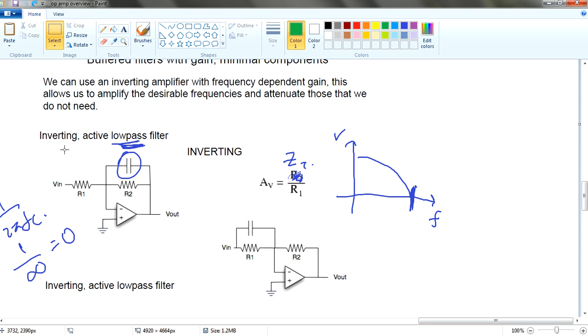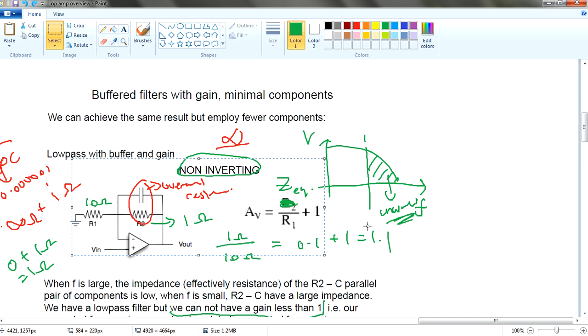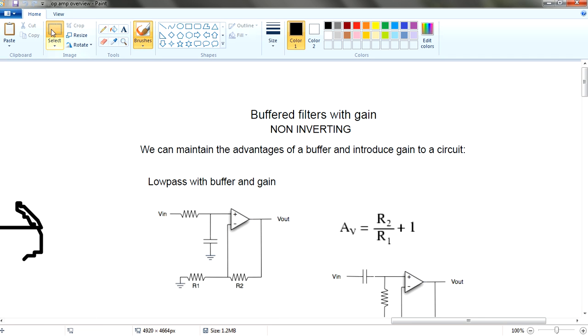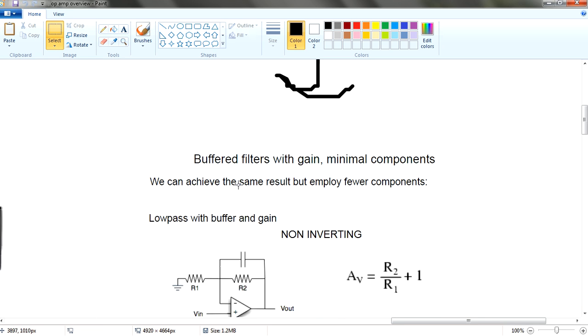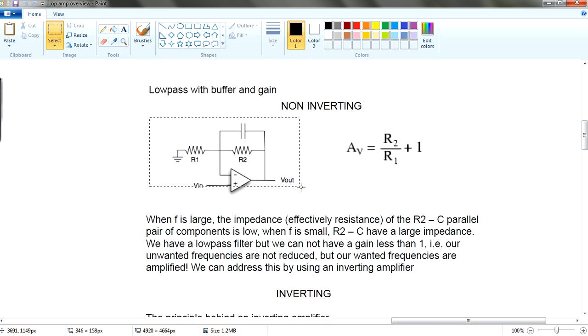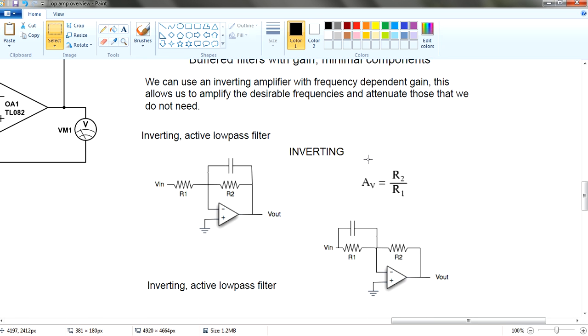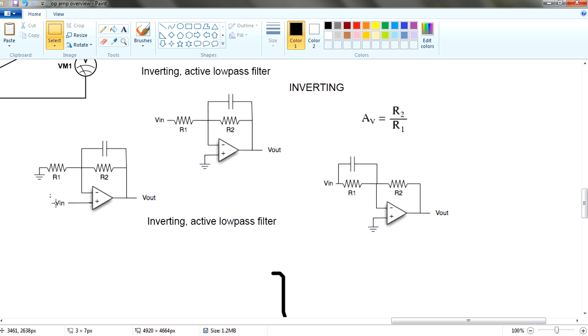So what is the key difference between this inverting and the non-inverting portion over here? Maybe I should clean it up. If I were to bring this one, the low pass with buffer and gain with minimal components, down, the difference is only V in. If I put the V in over here and the ground over here, it's exactly the same thing as this.